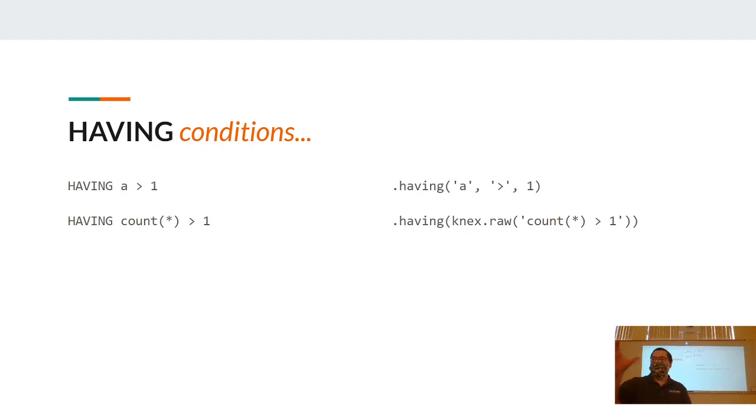Knex raw says literally take the SQL that I've given you and plug it in. Just trust me on it. So I said here's the SQL I'd like to have, count star greater than 1. Let's just plug that into the having clause, because there's not a way to really write that in the functions that knex has provided.